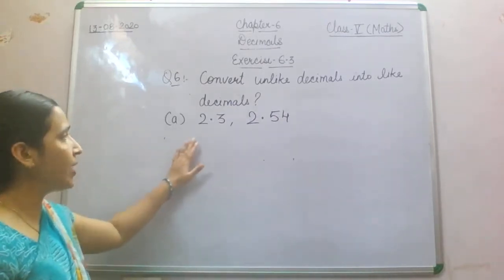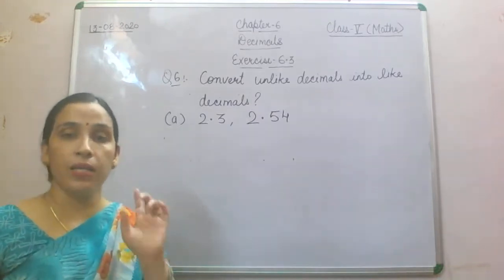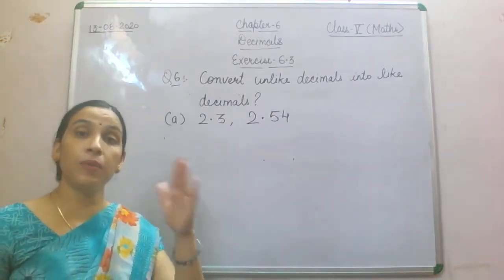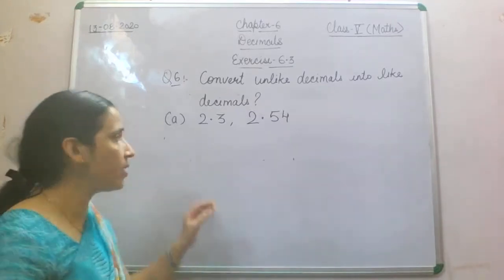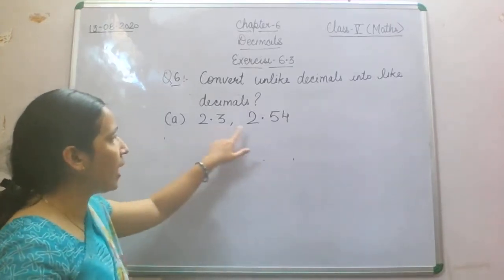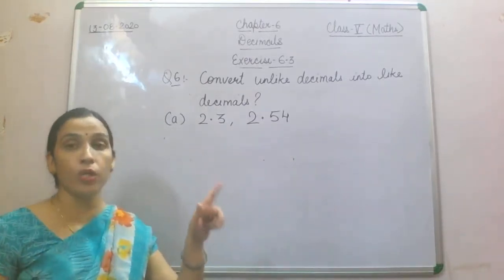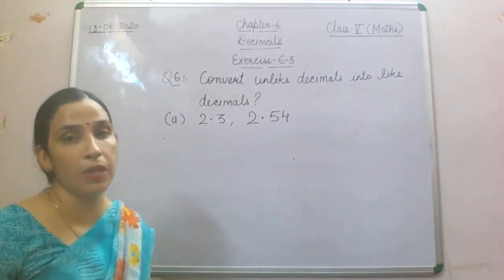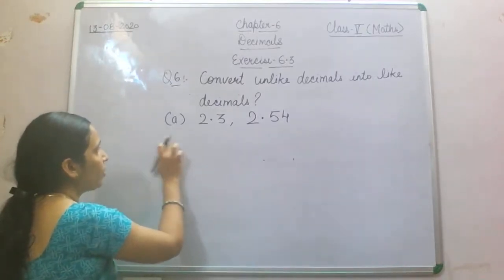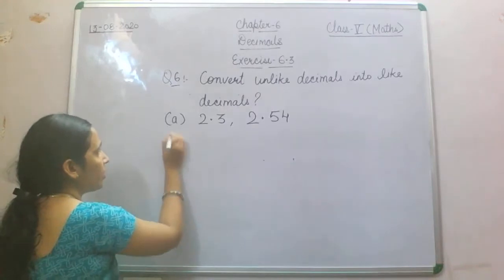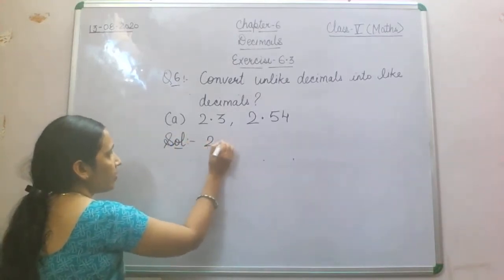How can we change it into like decimals? First of all, you have to count the maximum number of places which you require after the decimal. Now here we have only 1 and here we have 2. It means you have to make this 1 also 2 decimal places. So what will we do here? In the solution, what will we write here? 2.3.